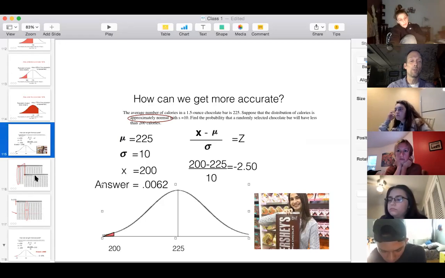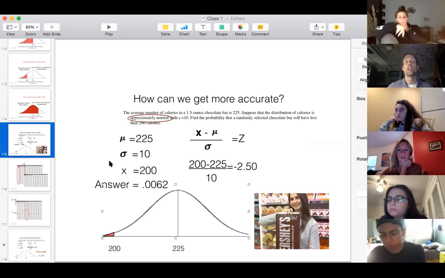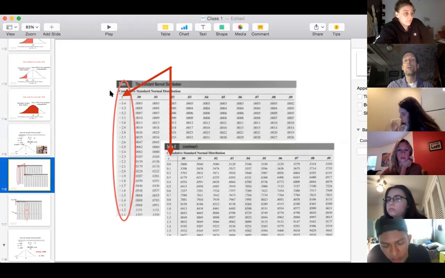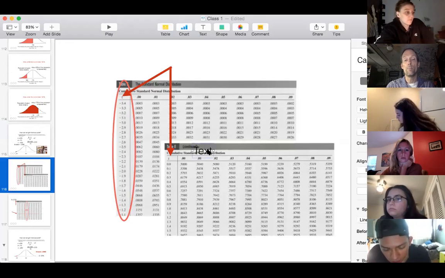The other really critical thing is we found out there are 2 stages to every probability question that we're going to do. The first stage is calculating a z-score. The second stage is matching that z-score to a probability, and our z-charts are going to do that for us. The z-charts are always going to give us a less-than probability area. I'm going to put that in big letters up here.